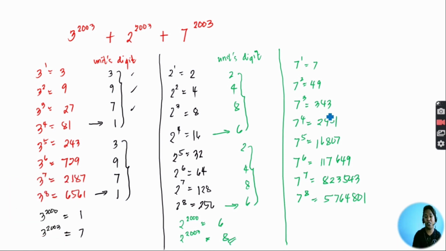So, take a look again at the units digit of each value po. So, we have 7, 9, 3, 1, 7, 9, 3, 1. So, the pattern is every after 4 also.